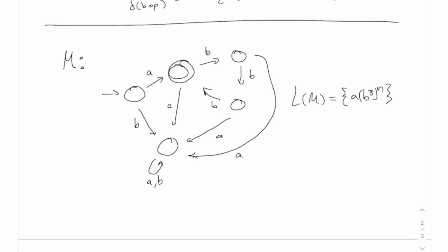Now, I'm going to give names to these states too, if you don't mind. Sorry, I should have done this before. I'll call this S, T, R here, and then X, Y, these ones.